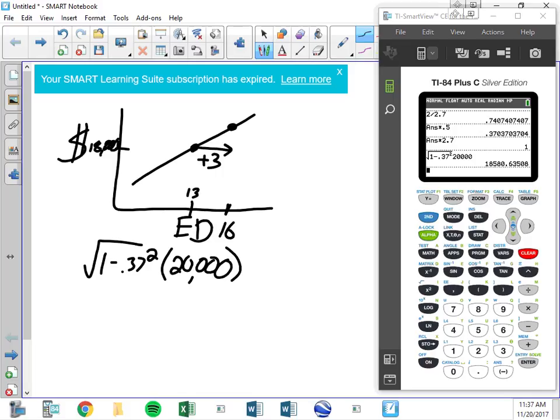If a woman has 16 years of education, she has 3 more than the average woman. Now what do we do? Divide that by the SD, 3 divided by 3.4.